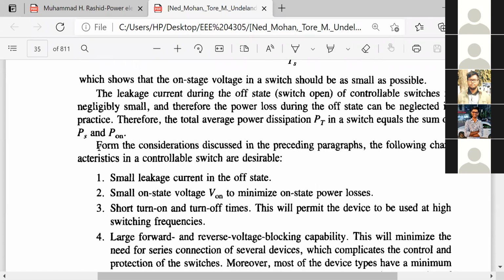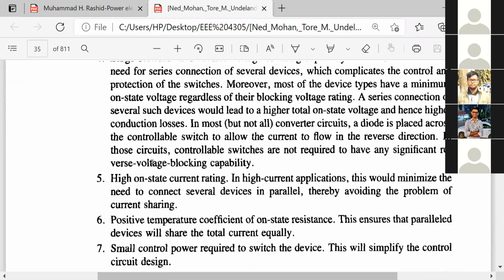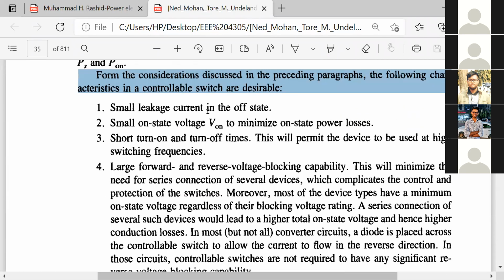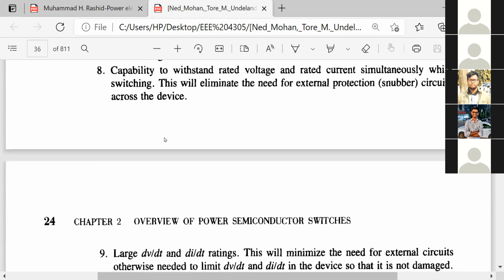If you make a summary, there will be 9 characteristics that should be there in controllable switches. Please note it, and you may need to write it down in your exam.